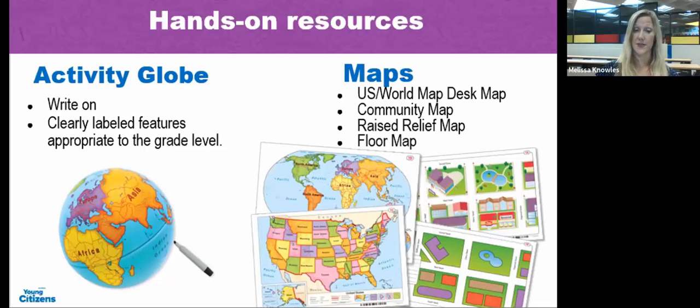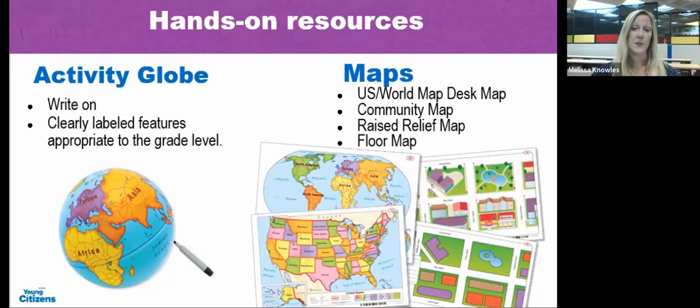So you'll have different features on different globes for grade levels. So obviously there's less on a kindergarten globe than there would be on a 4th grade globe. But really there's a difference every grade level. But they are grade level appropriate and research based.